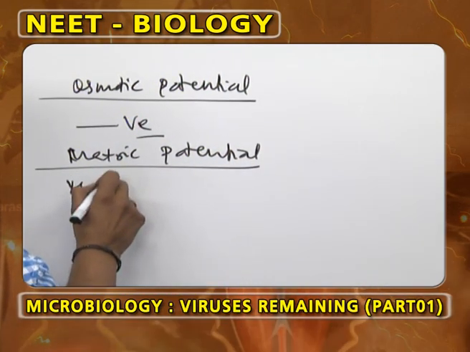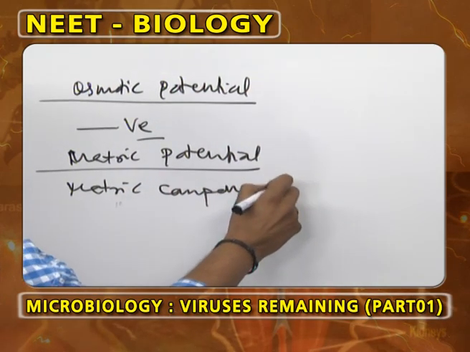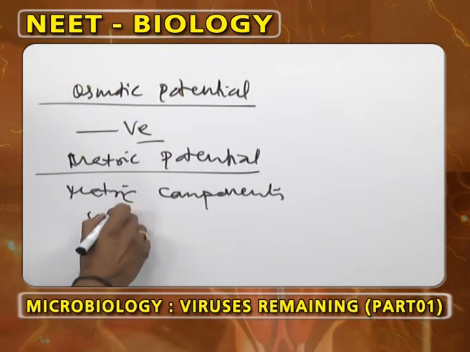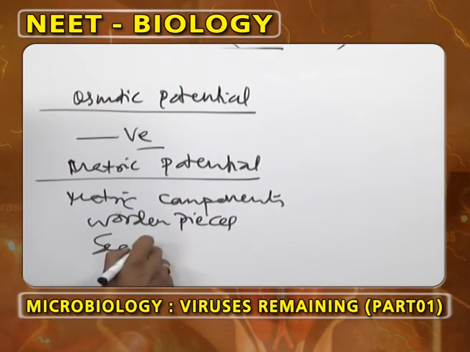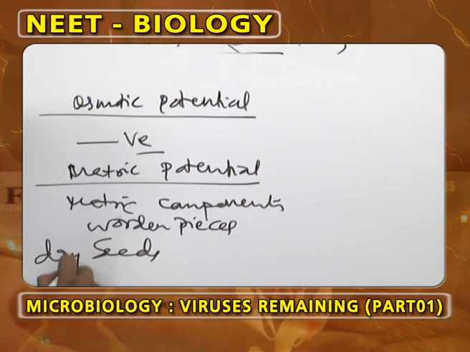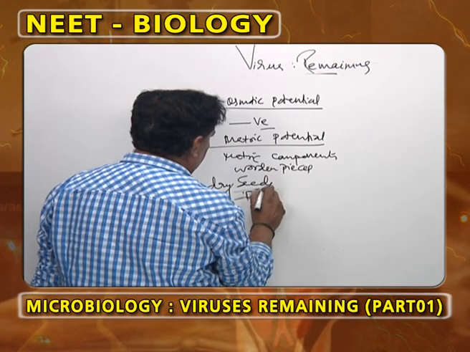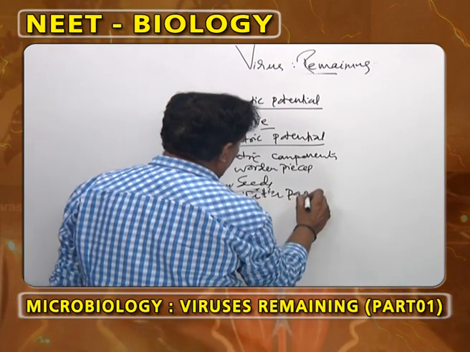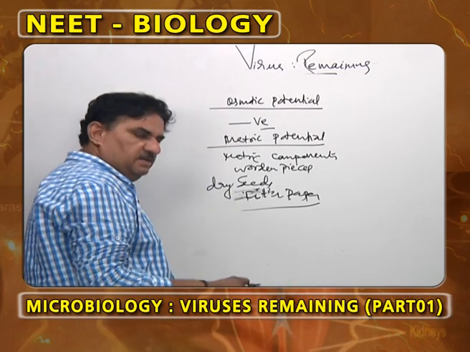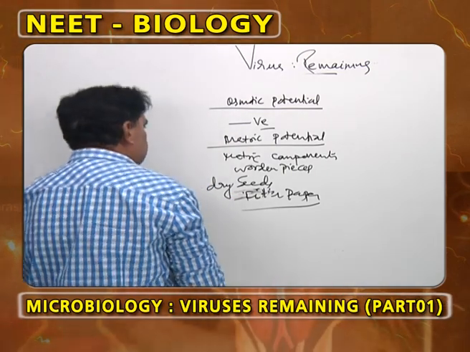There are some matric components, like wooden pieces, seeds, that too dry seeds, cellophane or some filter paper, something like that. When these are added to water, they don't dissolve in water, but they absorb the water at the surface level and reduce the free energy.